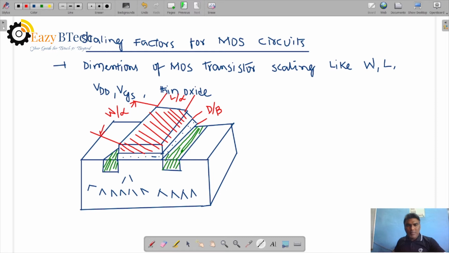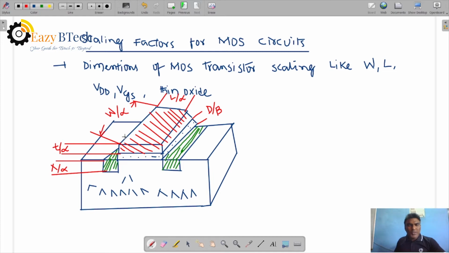The parameter is beta. Now this diffusion is also scaled by alpha, right? And thickness of this polysilicon is scaled by reducing a parameter. So thickness of this polysilicon reducing by alpha.